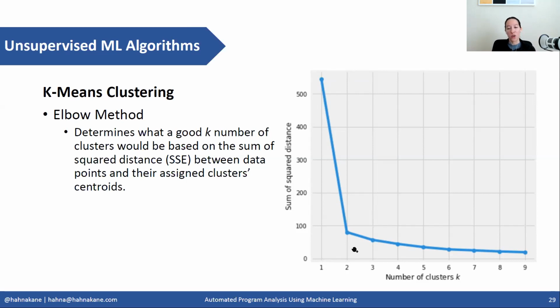And we call it the elbow method because you can see that we have a nice elbow here, right? So this elbow usually represents the optimal number of clusters to use. So in this case, for this particular data set, 2 would be the optimal number of clusters to use.